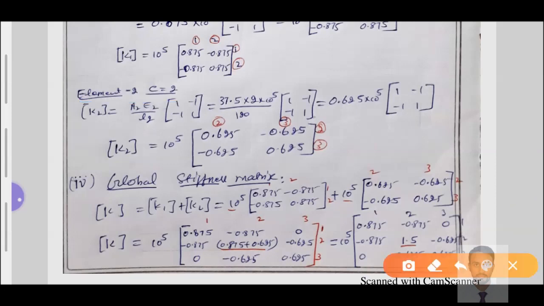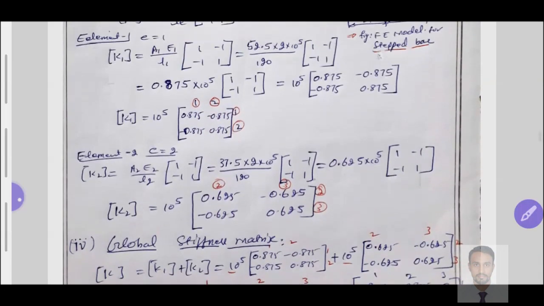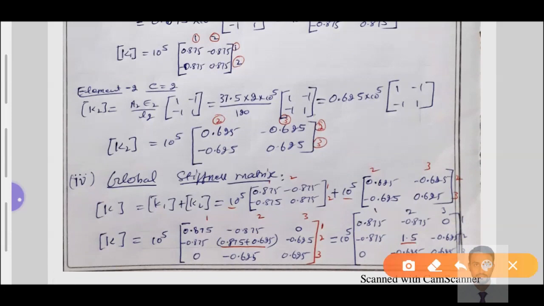E is equal to 2. We have K2 is equal to A2 E2 divided by L2, times the matrix [1 -1; -1 1]. The A2 value we have found here, substitute that value, and Young's modulus and length of the element remain the same: 37.5 into 2 into 10 to the power of 5, divided by 20, times [1 -1; -1 1].